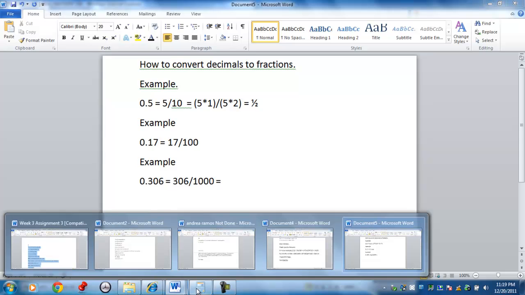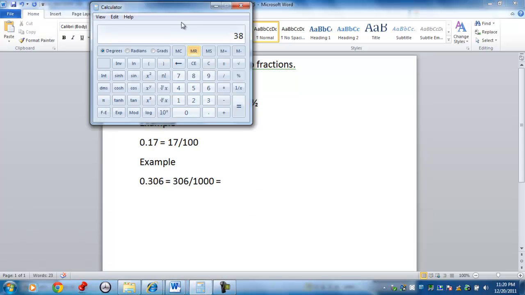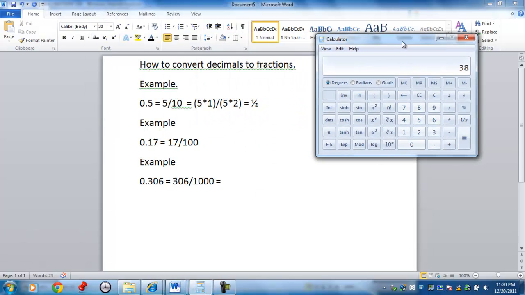I'm not sure what common factor the 306 and 1,000 have. So what you could do is you could say, all right, well, 306 is an even number, and so was 1,000. So we could look for common factors of 2. So, for example, 306 divided by 2 would give you 153.